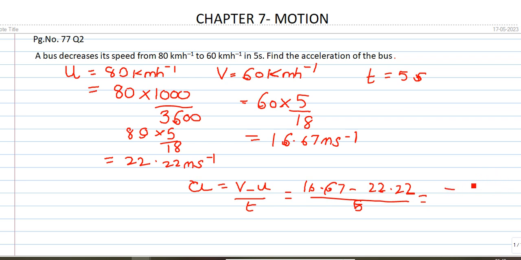Minus 5.55 by 5. So we have minus 1.11 meters per second square. In this sum also we have a negative sign due to the decrease in the velocity. So we will move on to the next sum.